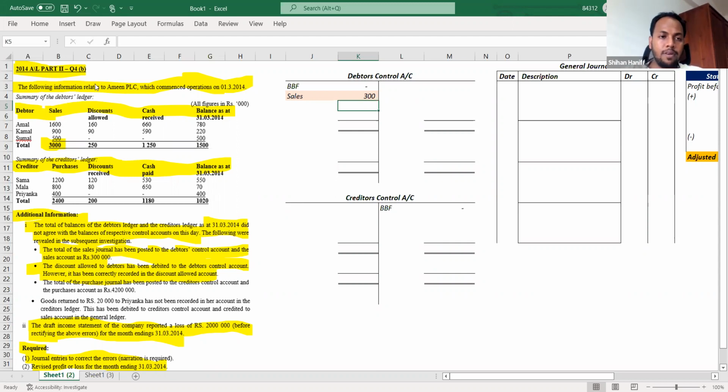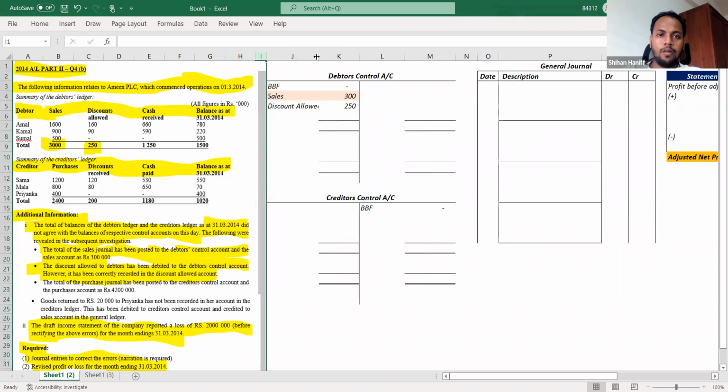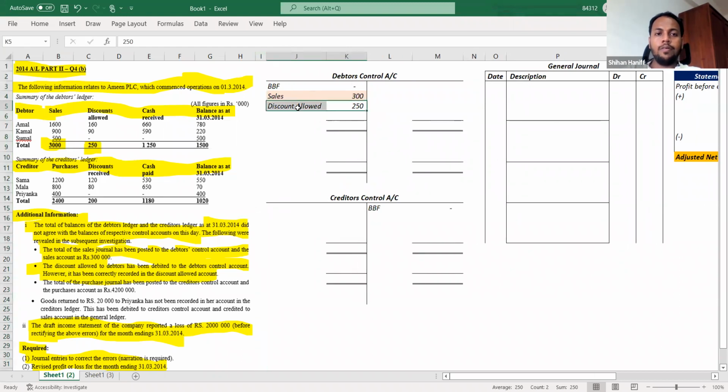How much is discount allowed? 250. So that was debited here. Discount allowed debited 250.